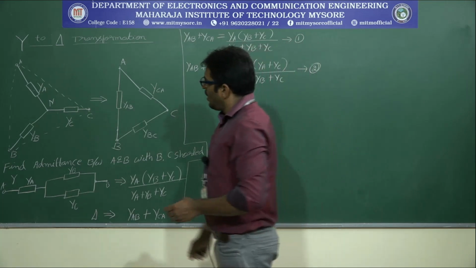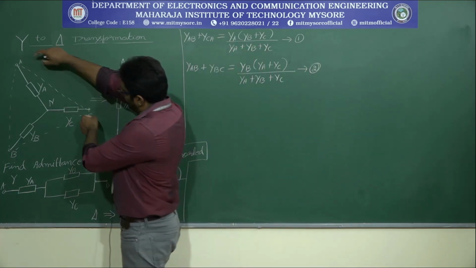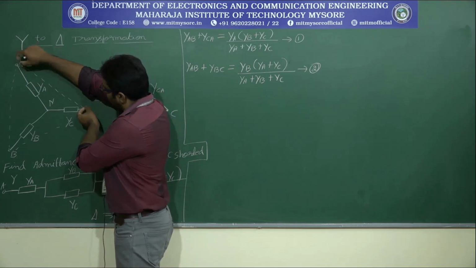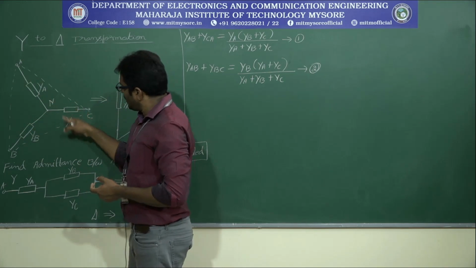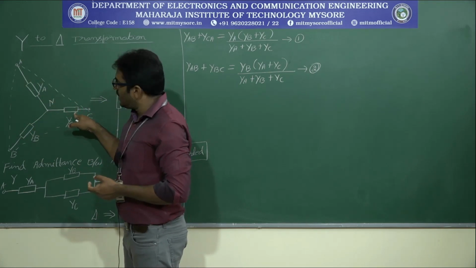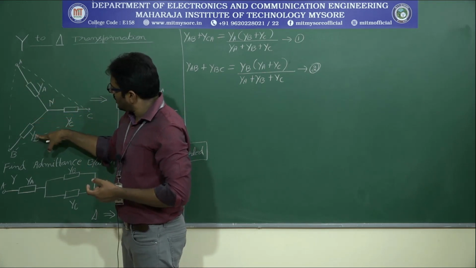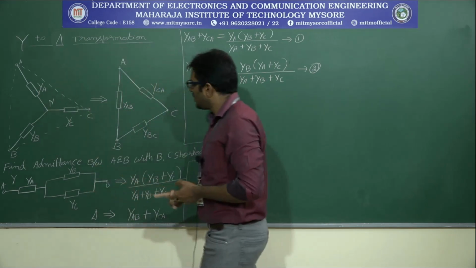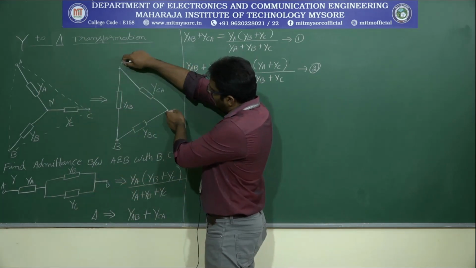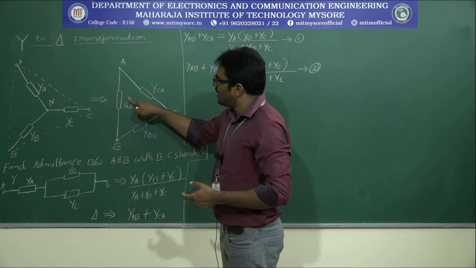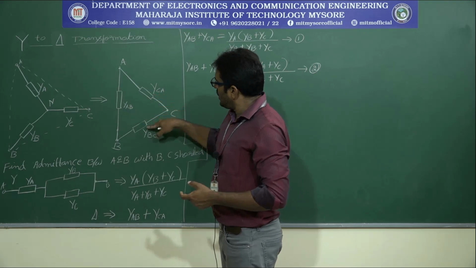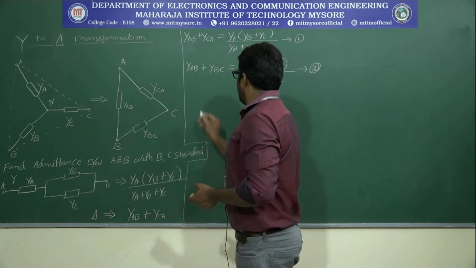Now the last case, measure the admittance between C and A with AB shorted. So this is YC in series with the parallel combination of YB and YA. Measuring the admittance between A and C with AB shorted means this admittance will be eliminated, so these two are connected in parallel.